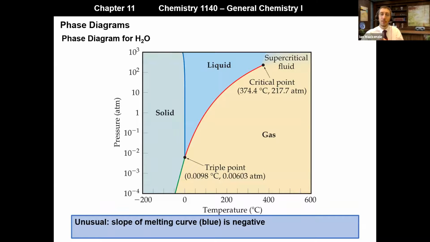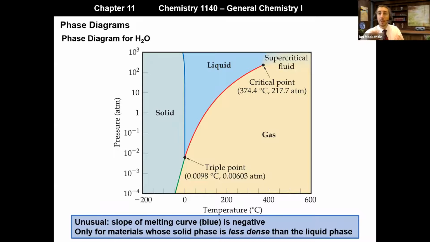This might seem a little bit strange since it's a little opposite of the normal cases, but if we remember our discussion of the density of water earlier as a liquid and a solid, maybe it makes a little bit more sense. So this type of negative slope only occurs for materials whose solid phase is less dense than the liquid phase.